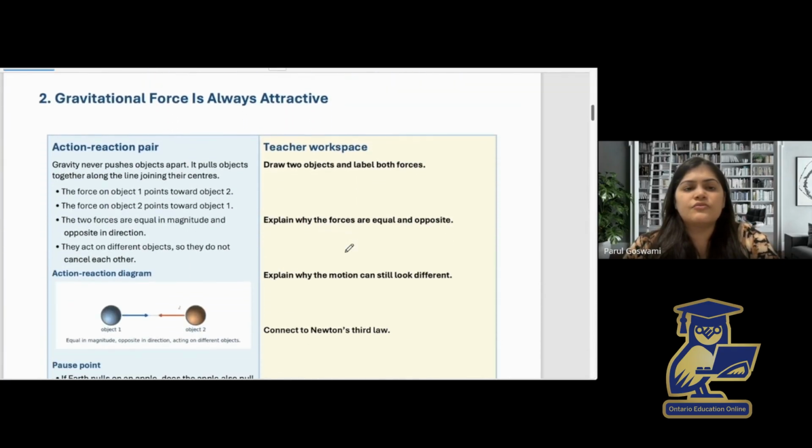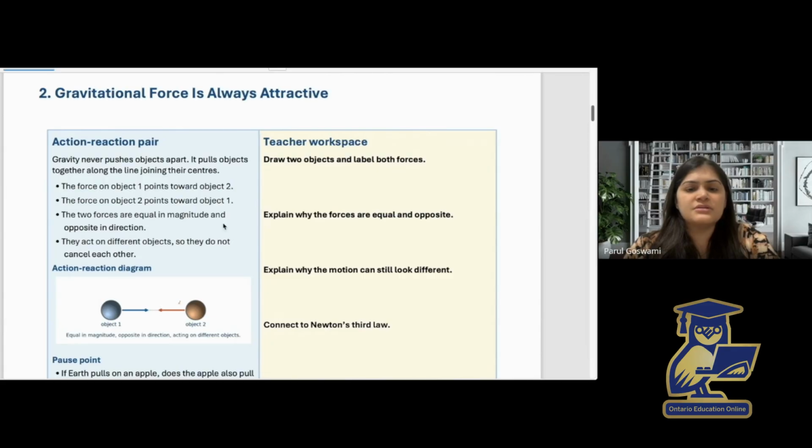Now let's move on to another property of gravitational force: gravitational force is always attractive. So gravity never pushes objects apart. It always pulls objects towards each other along the line joining their centers. If we have object 1 and object 2, object 1 pulls object 2 towards itself, and object 2 pulls object 1 towards itself.